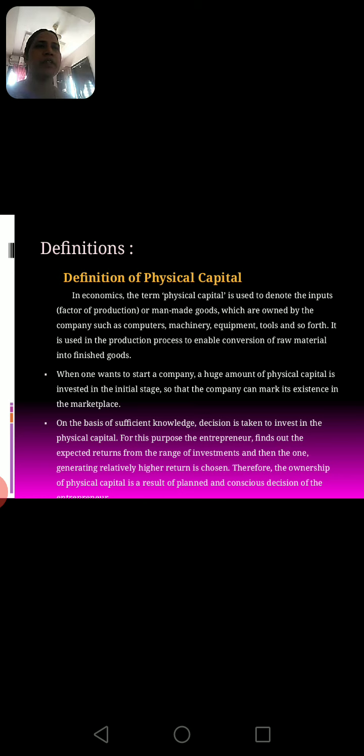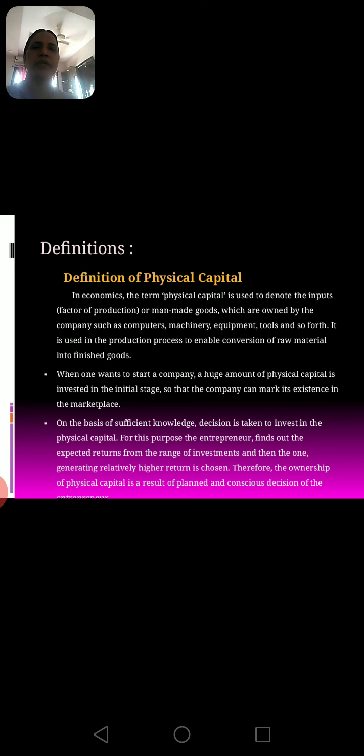For this purpose, the entrepreneur finds out the expected returns from the range of investments, and then the one generating relatively higher return is chosen. Therefore, the ownership of fiscal capital is a result of a planned and conscious decision of the entrepreneur. This is the definition of fiscal capital.